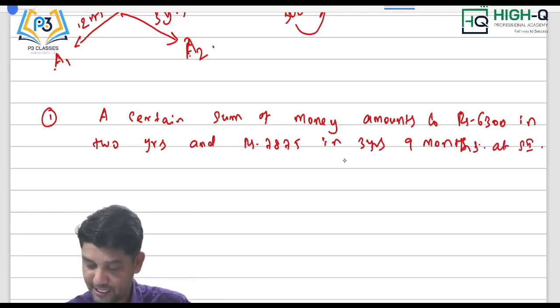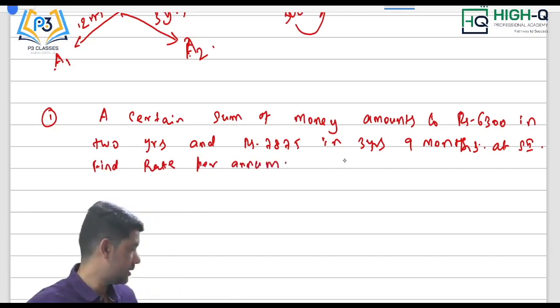Of course, in the exam, they always mention what type of interest. Find rate per annum.